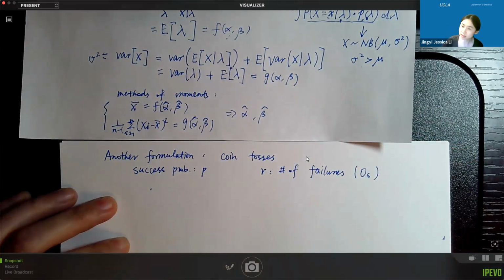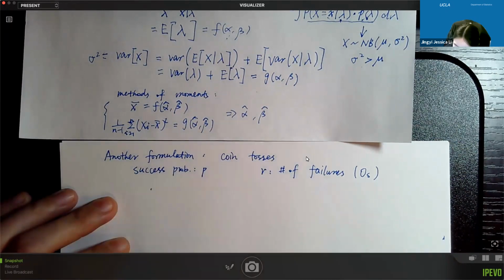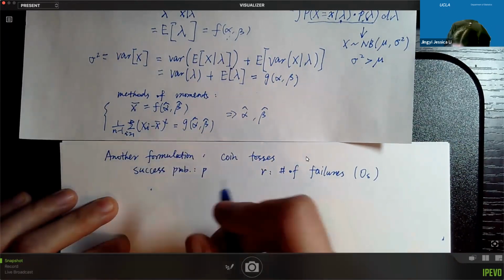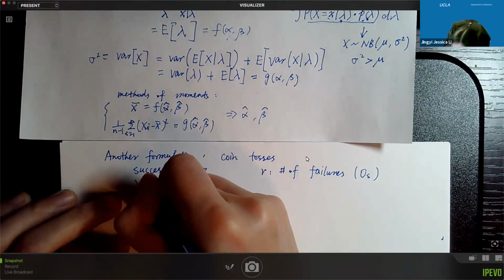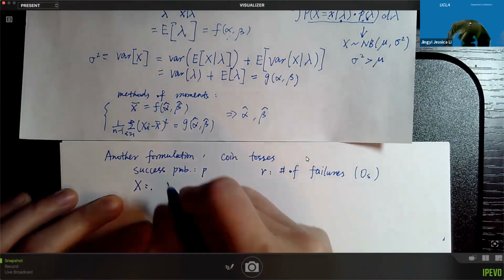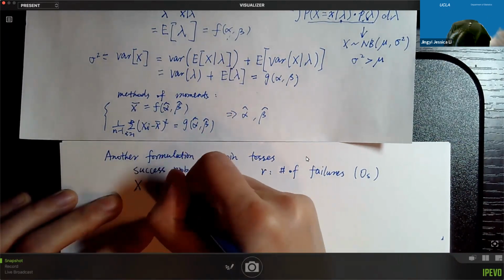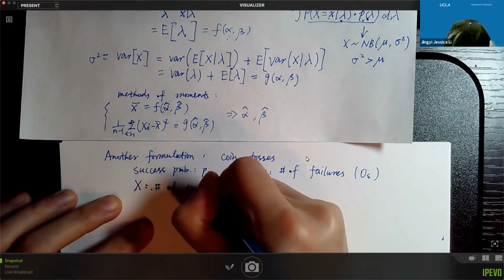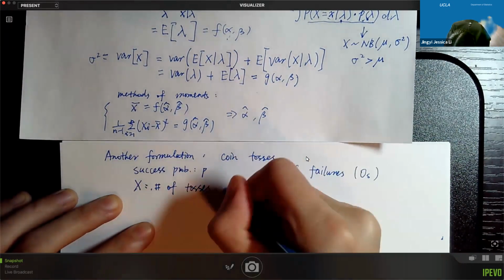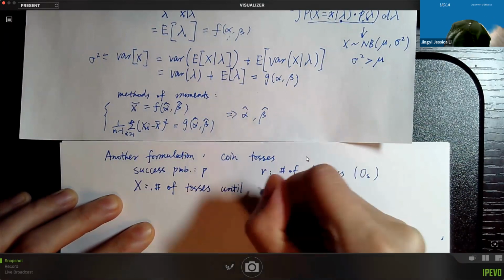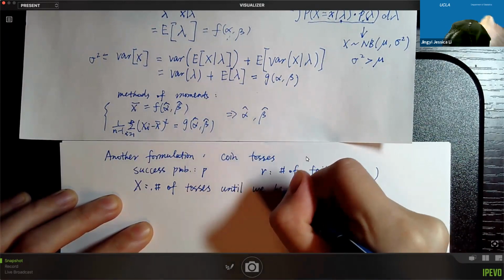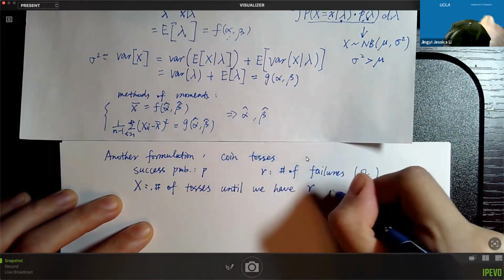So what's the random variable in this setting, in this data generation or probability generation? We define X to be the random variable, and it is the number of tosses until we have R failures.